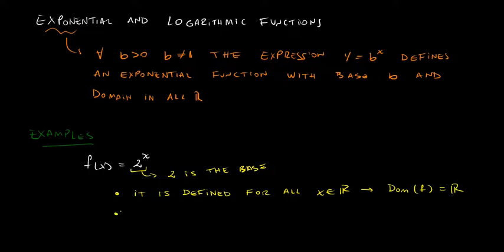Another thing to notice is that this function is always positive. So what this is telling us is that the image of f is the set of the real numbers, but only the positive ones. To make this second property clearer, let's see what happens with f in minus 2, for example.